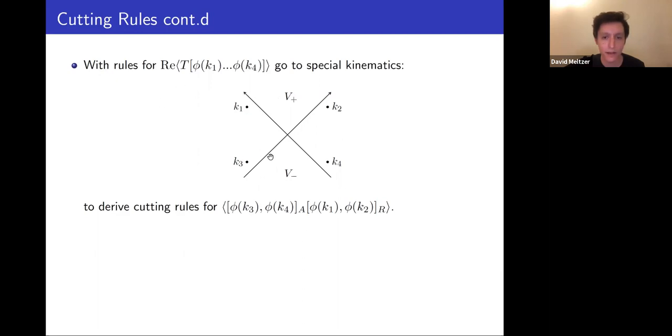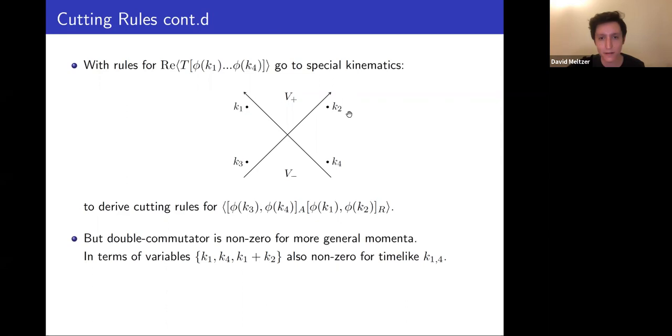So now the point I want to get to about relating the real piece to the double commutator is, I restricted it to this set of momenta, but the double commutator is non-zero for more general kinematics. So if I work with these three independent momenta, it's also non-zero if I take K1 and K4 to be time-like.